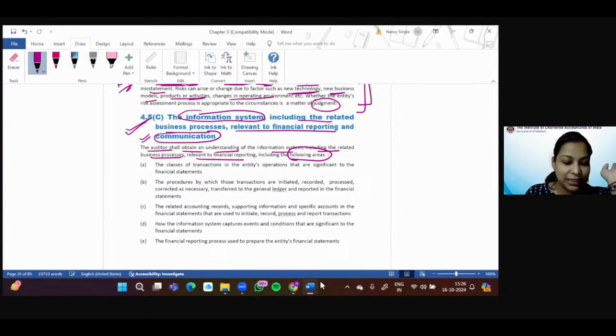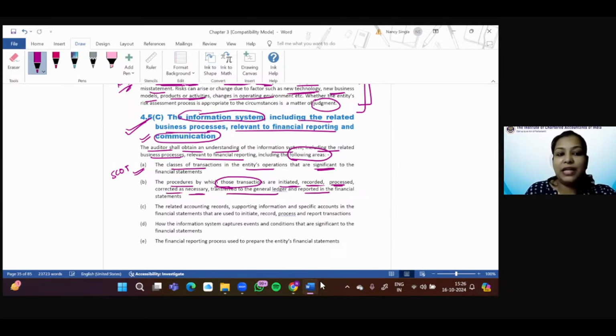What are these points? Let us just have a look. So A, the classes of transaction in the entity's operation that are significant. Significant classes of transaction, the auditor is going to understand those. Why? Because he wants to know whether the controls with respect to those transactions are effective or not, right? The procedures by which those transactions are initiated, recorded, processed, corrected as necessary, transferred to the GL, and reported in the financial statement.